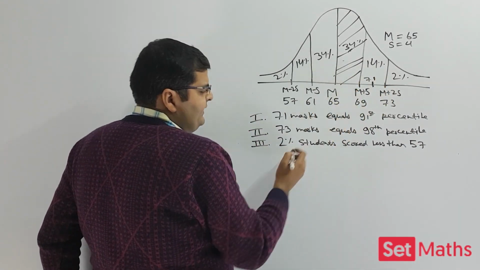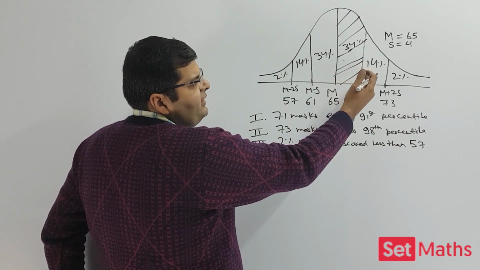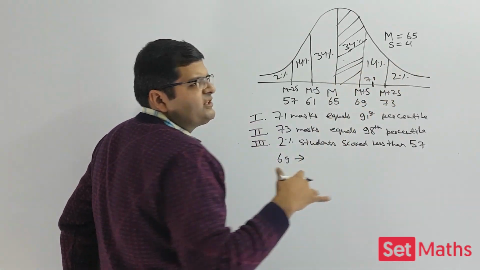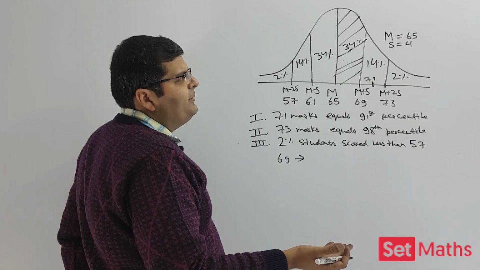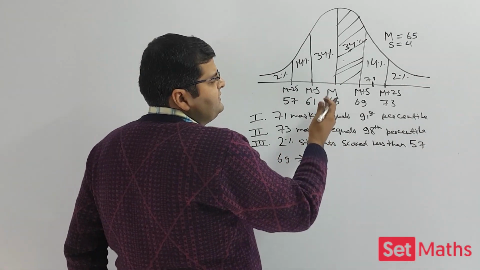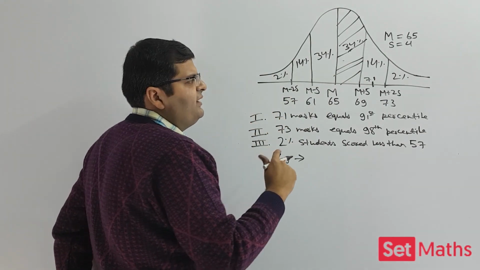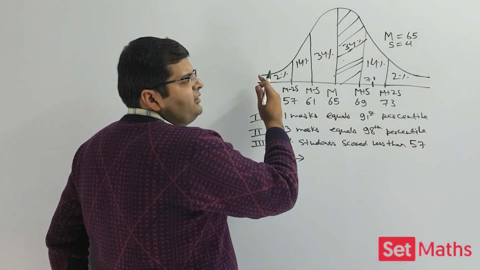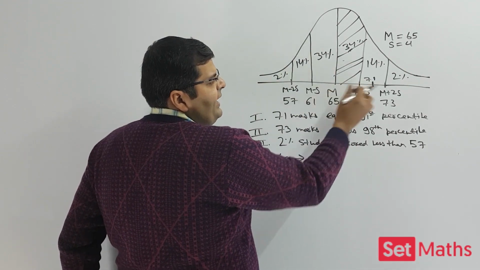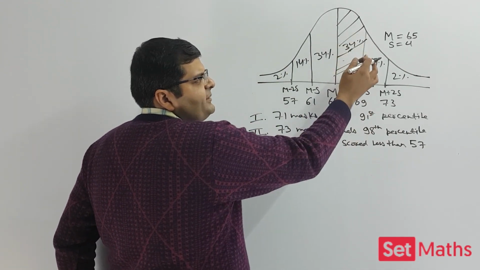So now if I calculate the percentile for 69, above 69 there are 16% of people. So below 69 there has to be 84% of people. What you can also do is that M is mean as well as median in a normal distribution. So below M 50% of data lies, and between M and M plus S, between 65 and 69, there are further 34% people.